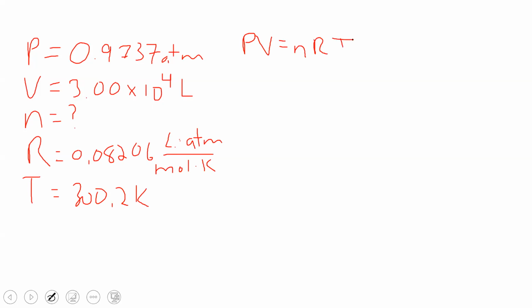And so what we can do here is, understanding that we're using our ideal gas law, PV equals nRT, we could rearrange this to solve for N such that N is equal to PV over RT. And we can plug in our values to solve for the number of moles of helium.